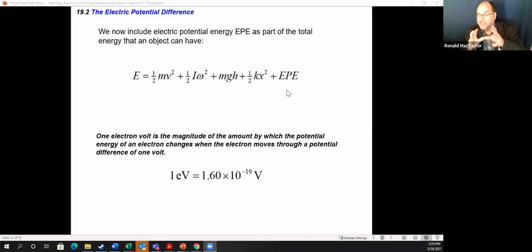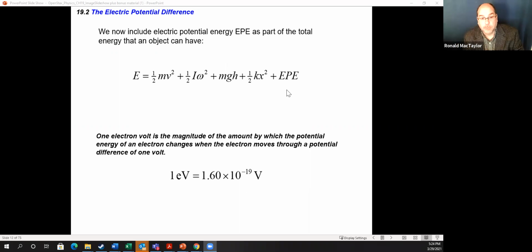Usually, some things are important and other things aren't in different situations, so you don't typically have to worry about the electric potential energy acting on a baseball that somebody threw, but the other forms of energy might be really important.